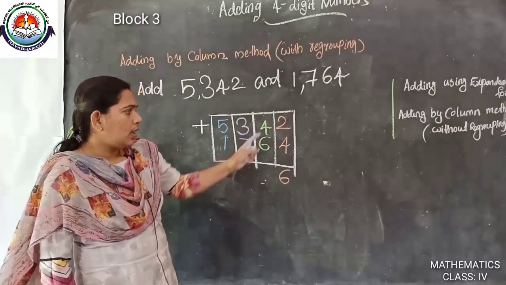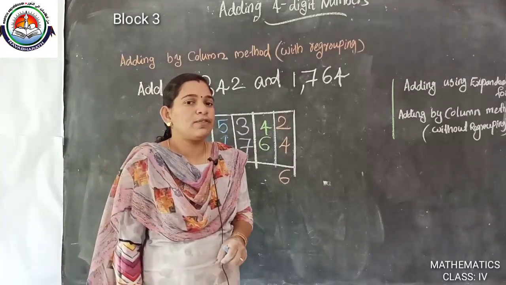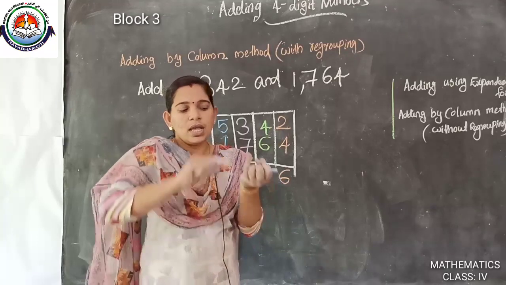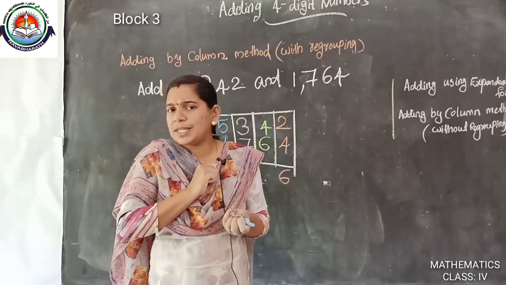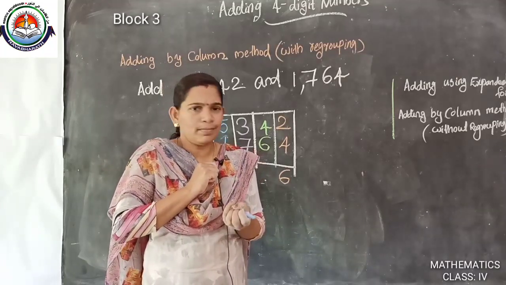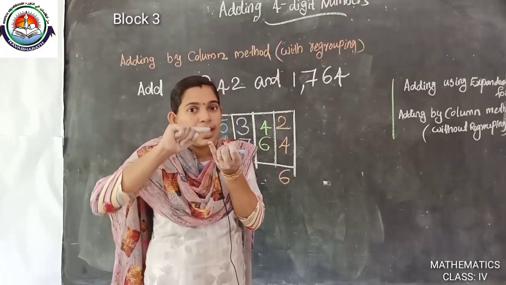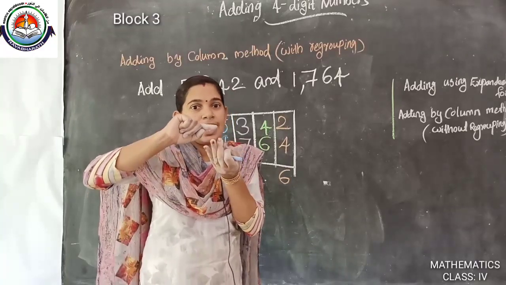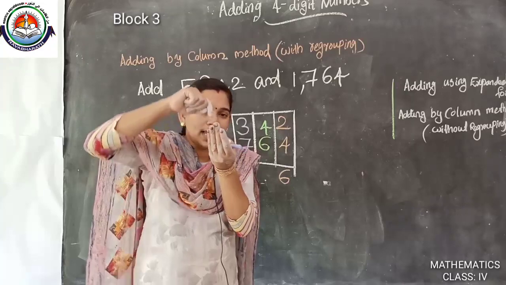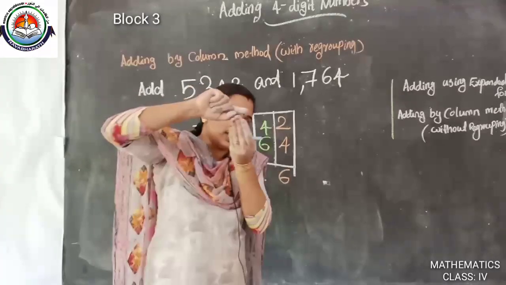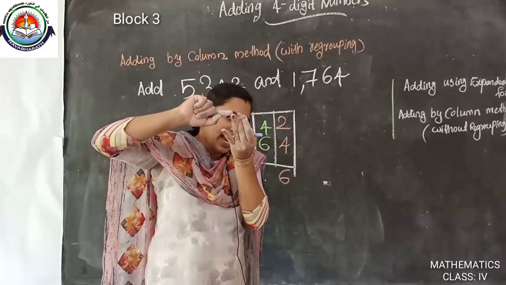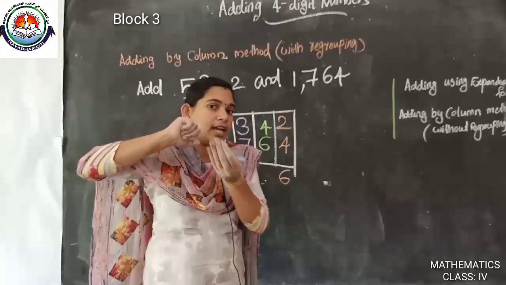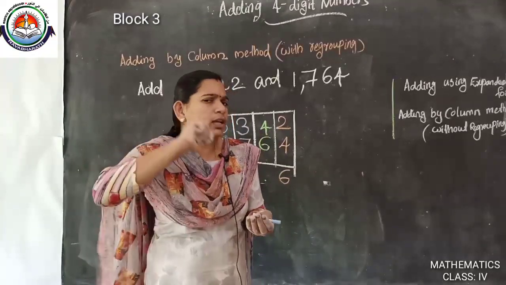Then, next is 6 plus 4. What is the value of 6 plus 4? 7, 8, 9, 10. Very good. 10.